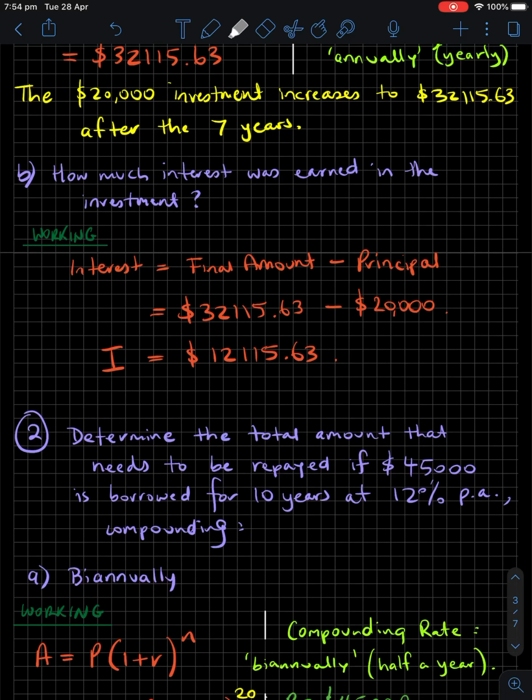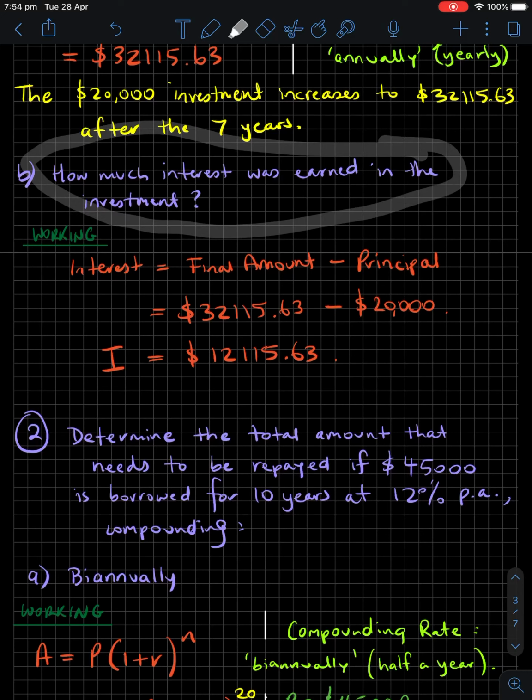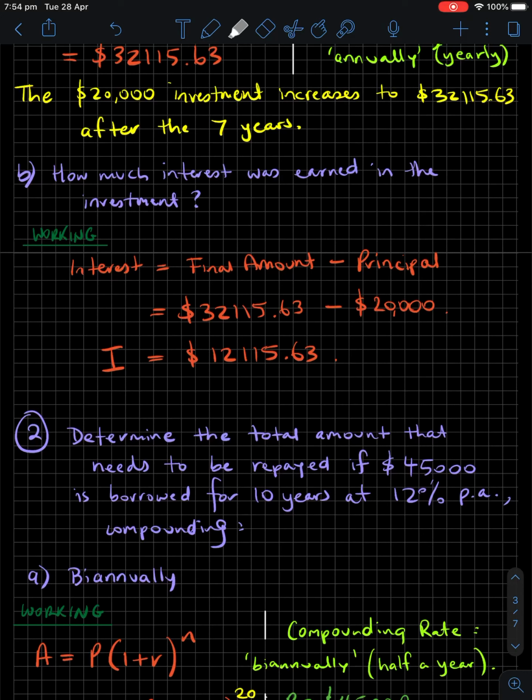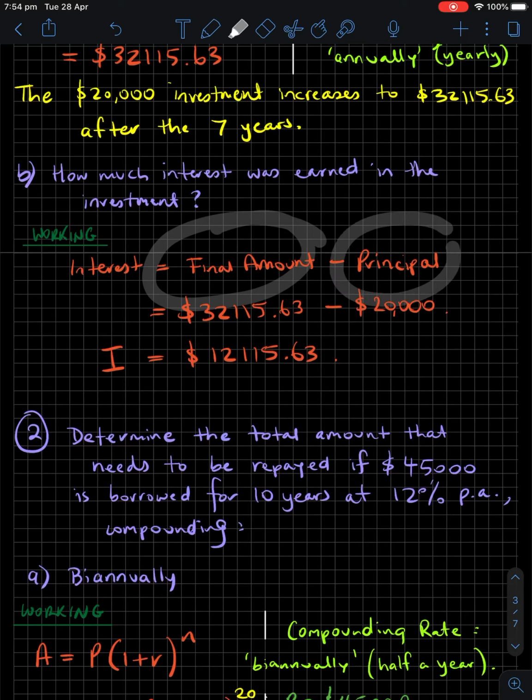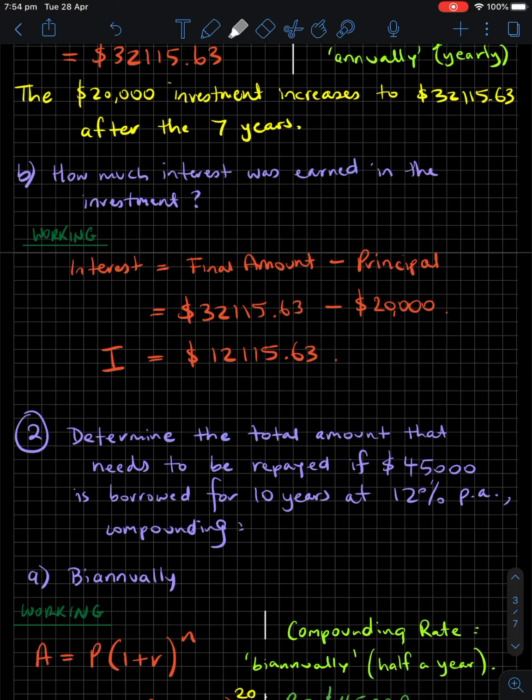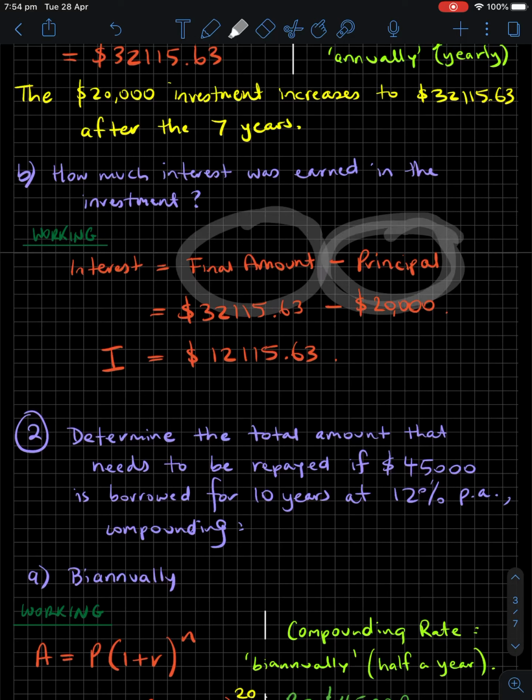Okay, question B. How much interest was earned in this investment? So the idea is that the interest of this investment is pretty much the final amount, take away the original amount, the principal. It's like pretty much how much did our original amount change by? So how did our principal change to our final amount?